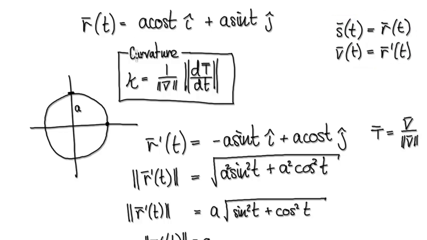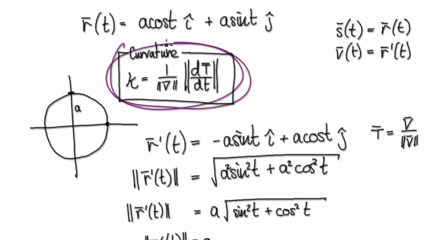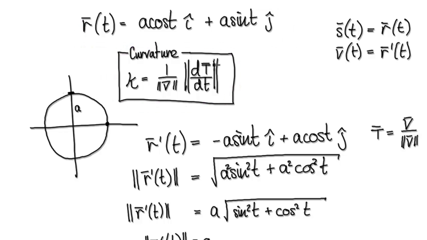Okay. In the previous two videos, we looked at curvature, and it's given by this. So to work out the curvature of a circle, we just blindly follow this formula here. The first step is to work out the tangent.